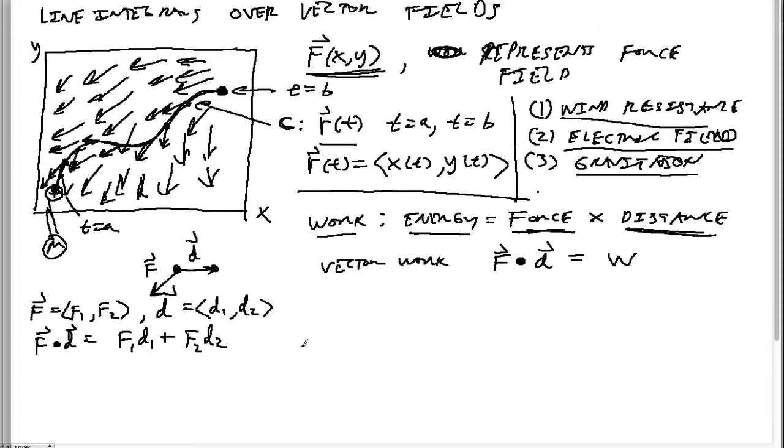That's what the dot product is. And another nice consequence of the dot product is that it's always equal to the magnitude of the force times the magnitude of the distance times cosine theta, where theta is the angle between the two vectors. So there's our basic definitions of vector work.